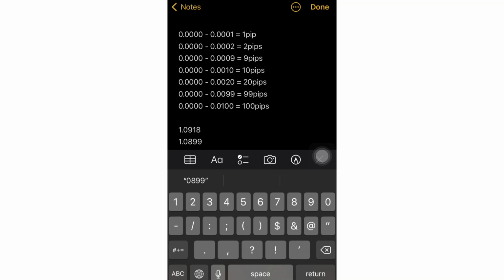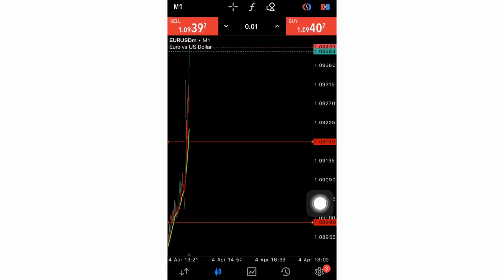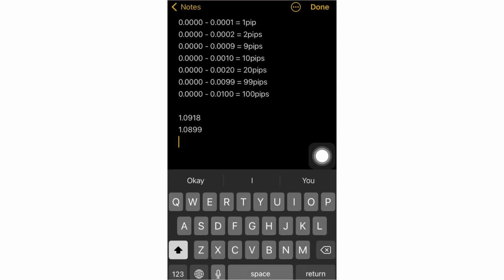Okay, it's 4 digits. It's only the 4 digits we need. The 4 digits after the decimal. 0899, 0918. So what we have to do is just simple maths, which is addition and subtraction.